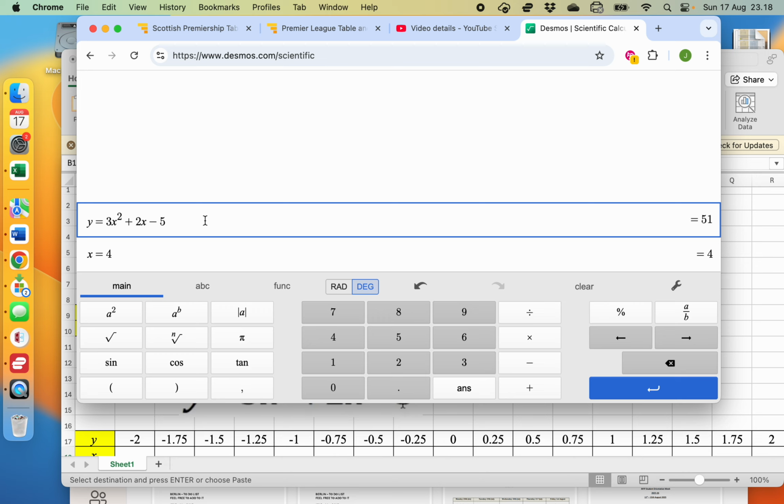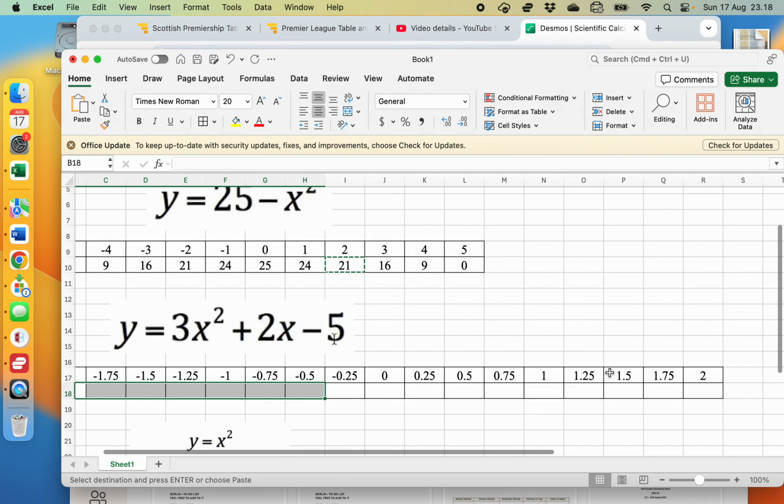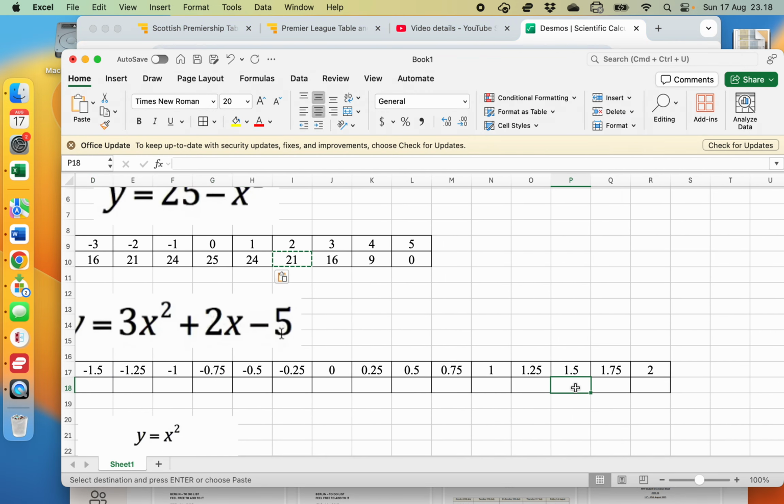When x is 4, y would be 51. If I wanted x to be 1.5, then it would tell me that y is 4.75. So on my table, when x is 1.5, y is 4.75.